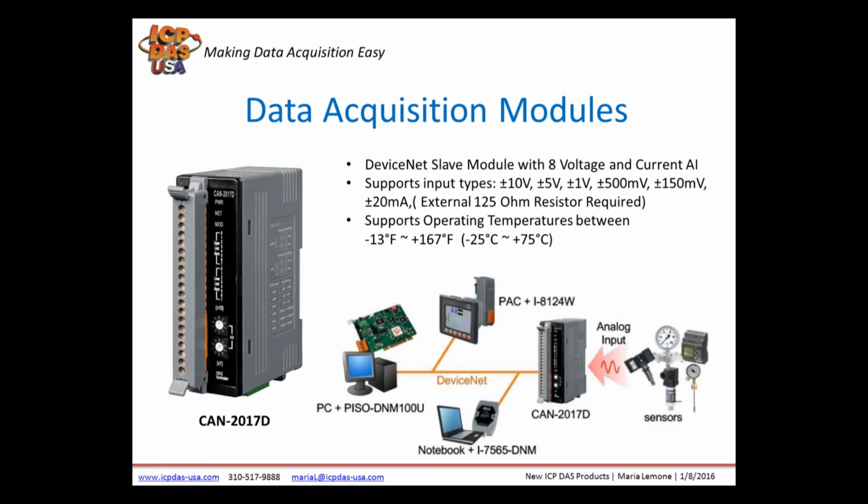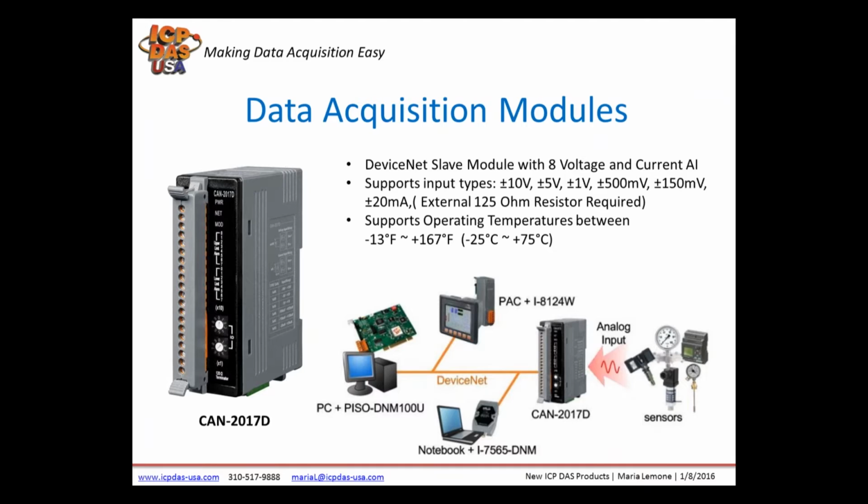Besides data loggers, we also released many new data acquisition modules, including our CAN 2017D DeviceNet analog input slave module with current and voltage input types. It supports a wide operating temperature range between negative 13 degrees Fahrenheit to 167 degrees Fahrenheit, or negative 25 C to 75 Celsius.